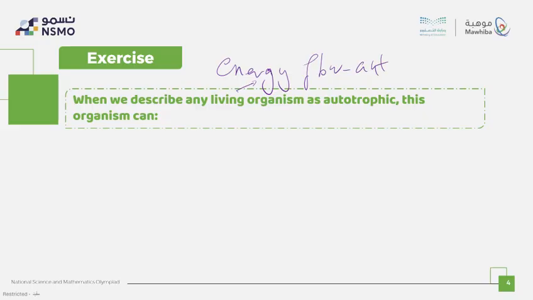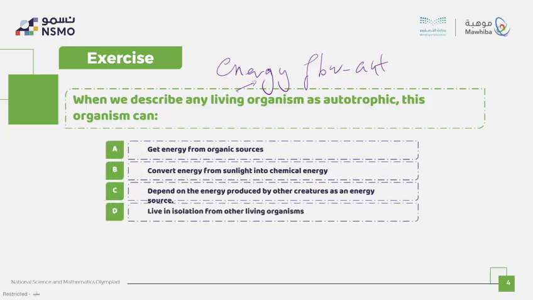Now let's see the options and analyze them one by one. Let's start with A. A says get energy from organic sources. Think about it. That definition is not suitable for autotrophs. It's more suitable for heterotrophs.